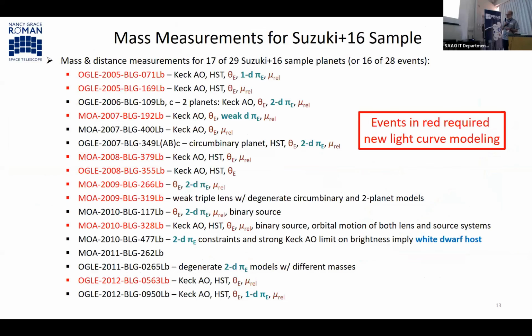Okay, so this is a list of the events that we measured masses for. So there's 28 events with 29 planets, and we have masses for 17 of those. But for most of these, the analysis done for the discovery paper is not adequate to get the correct masses.